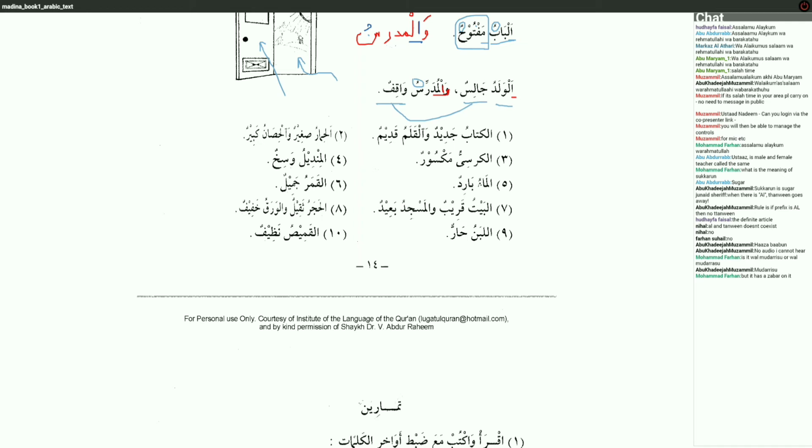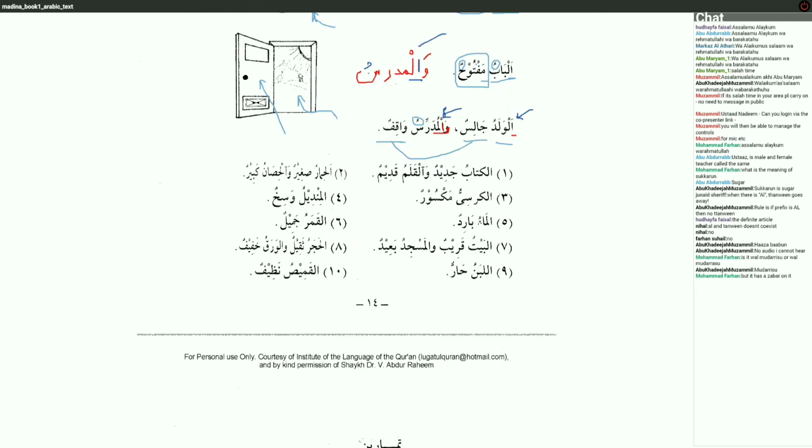What I'm teaching you here is the rule that when there is nothing before the alif and lam, you read the alif like it has a fatha on it, as in this case here. See that, brothers? Al-waladu. And in this second case, there is a waw before the alif and lam, and this makes it clearer.